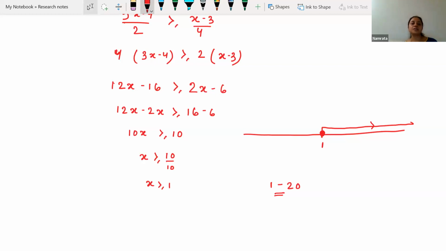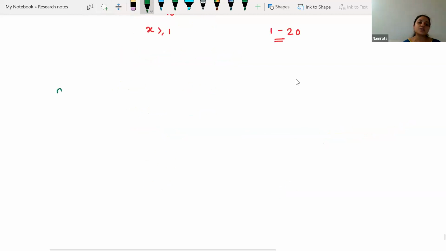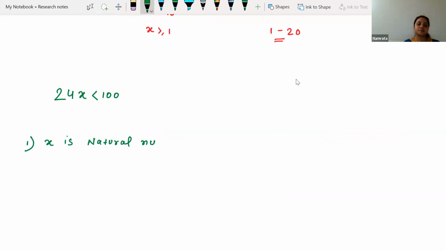Yeah, let's take a few questions now. Here the first question says if 24x is smaller than 100, then x is a natural number, and the second one is x is an integer.